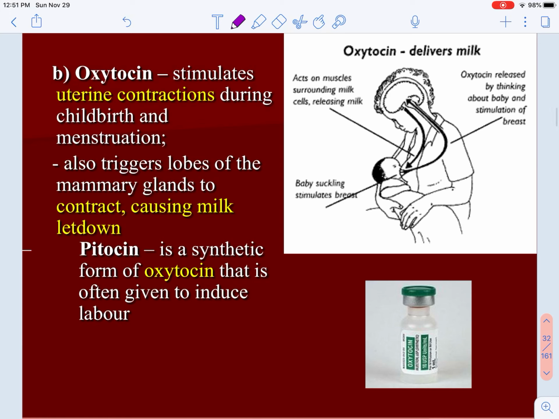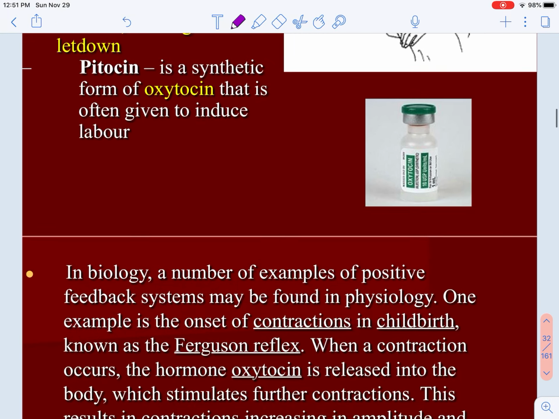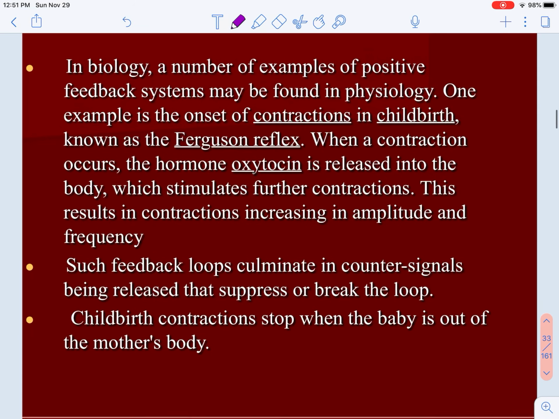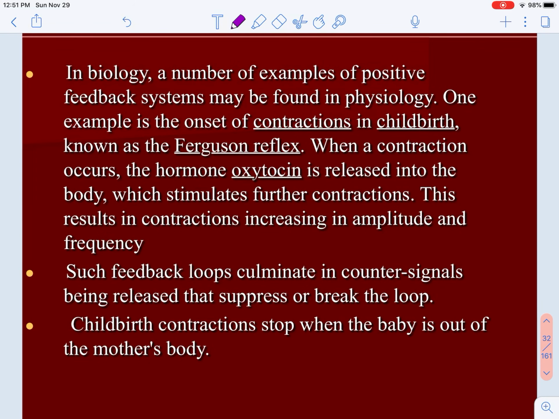And the pit drip is synthetic oxytocin that may help stimulate uterine contractions if someone is in labor and contractions aren't strong enough. An interesting concept about this, though, is that most of our feedback loops will be negative feedback loops, but oxytocin is actually a positive feedback loop because it will get stronger and stronger when someone is giving birth.